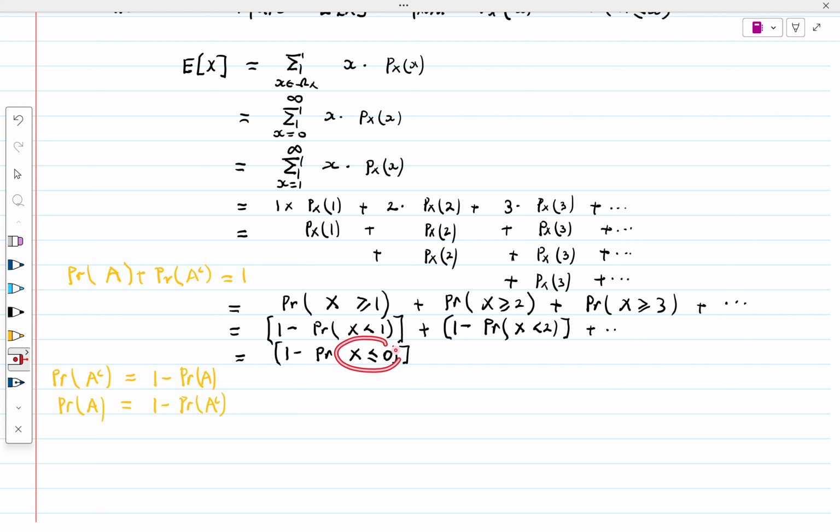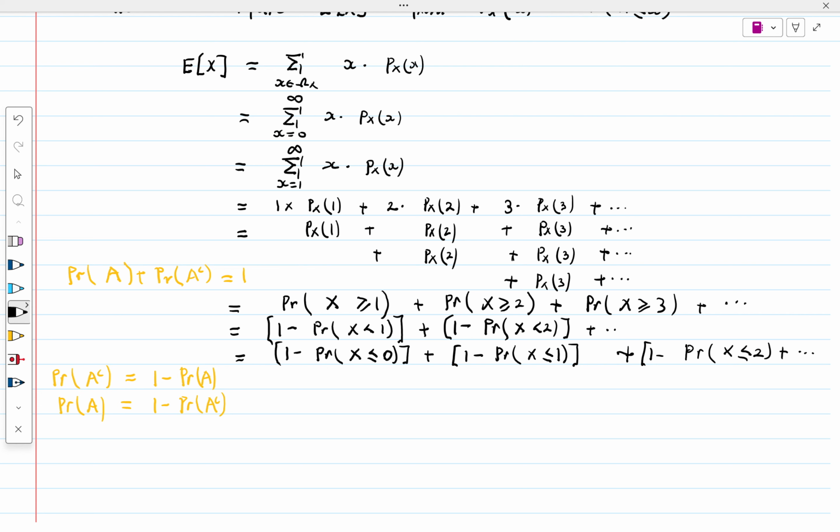Same for the next term: 1 minus the probability that x is less than 2 is the same as the probability that x is less than or equal to 1. Plus the next one, which we could rewrite as the probability of x less than or equal to 2. This pattern would continue onwards forever. Hopefully you can see that.